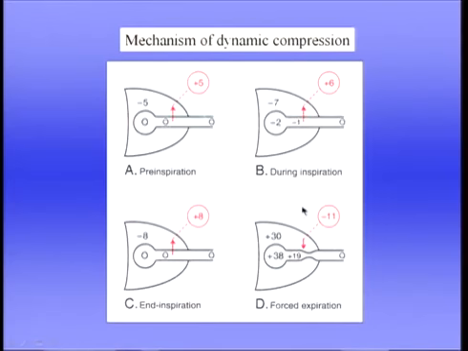Now, it turns out that this is a very important mechanism in patients with lung disease. There are at least 3 factors why a patient with chronic obstructive pulmonary disease tends to exaggerate this mechanism of dynamic compression. One is that if there is an increase in resistance of these small airways near the alveoli, this is going to increase the rate at which the pressure is lost as we go up the airway.